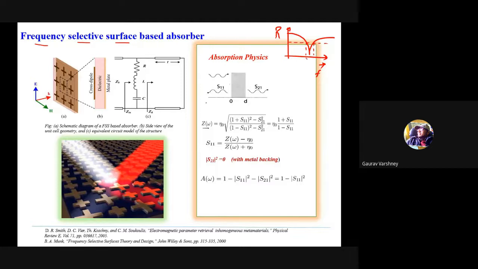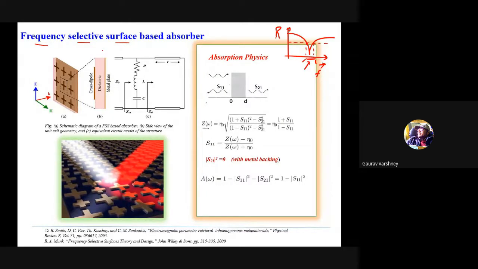The concept of frequency selective surfaces means this device is utilized at a particular frequency only. That's why it is called a frequency selective surface. A particular frequency range can be selected and can be absorbed, reflected, or transmitted depending upon the choice of the application.